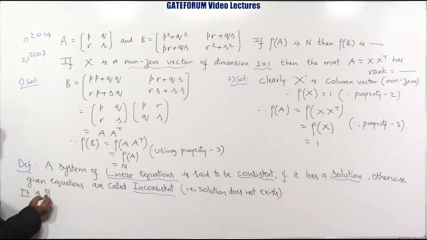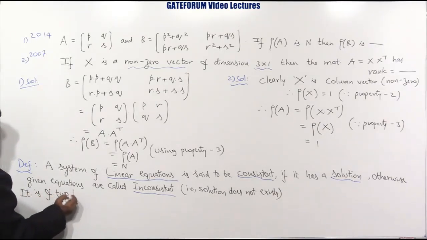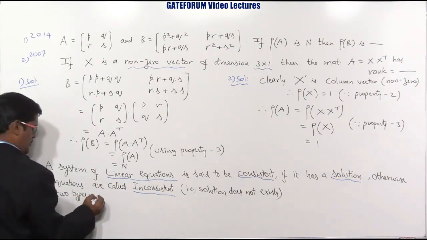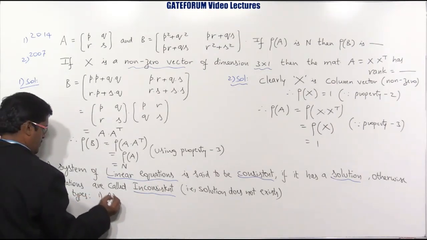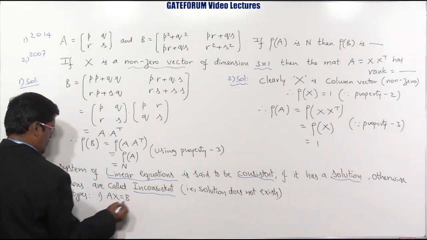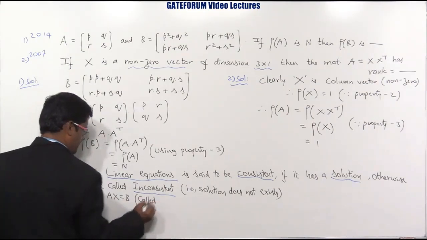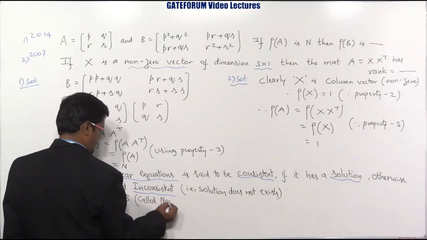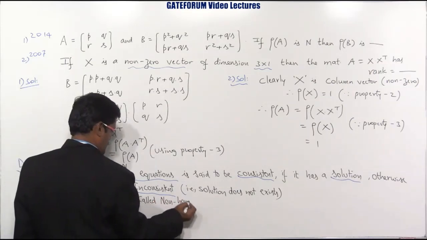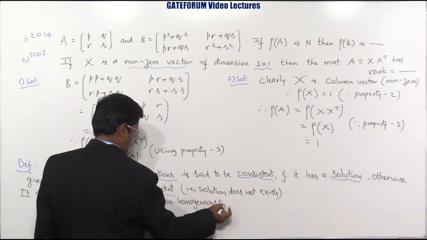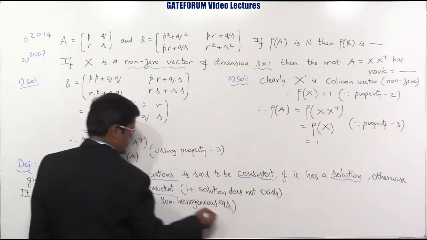It is of two types. Number 1, Ax is equal to B, in bracket called non-homogeneous equations.